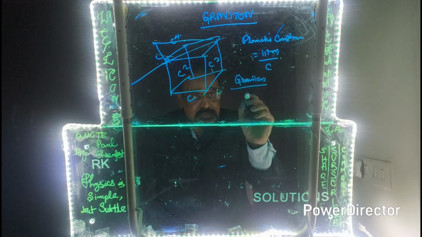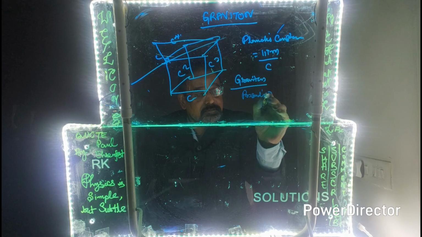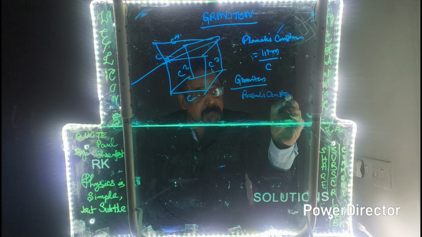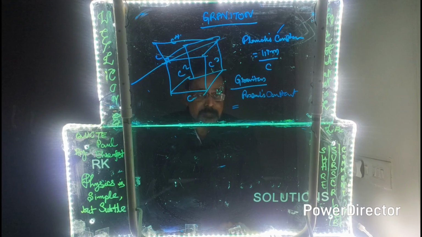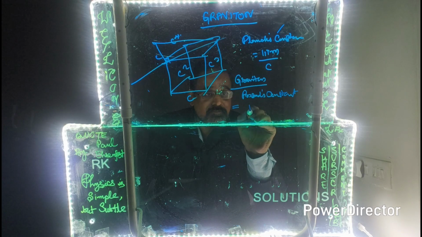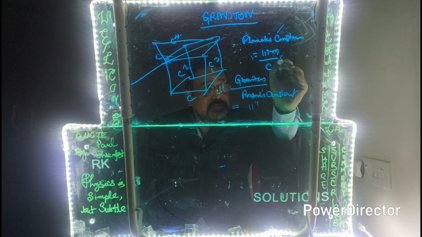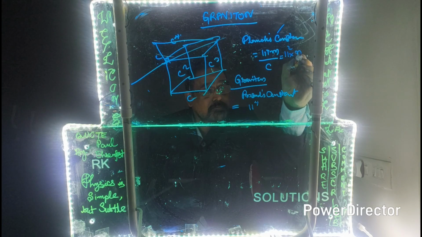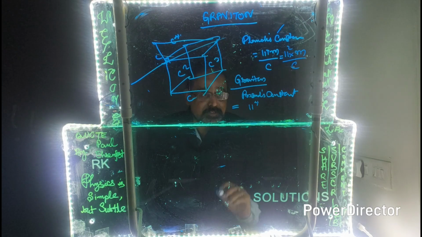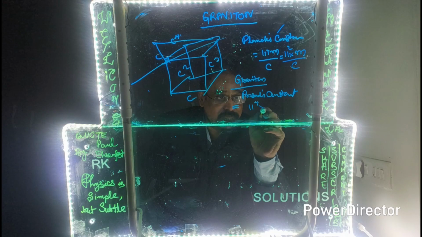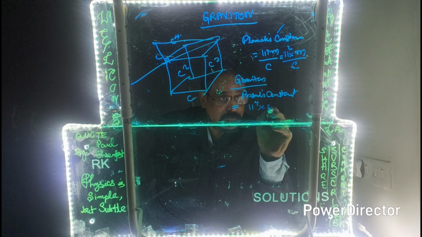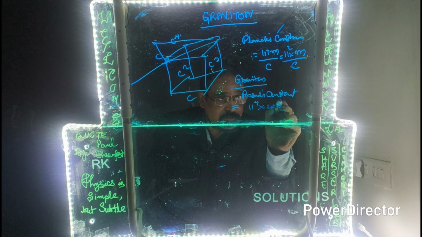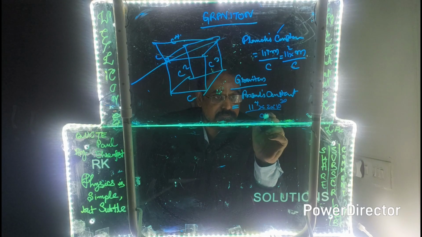This was Planck's constant. This I called Asser's constant, let's say, is equal to 11 raised to 4. This was basically split, 11 squared into mass of proton by unit light. This will be 11 raised to 4 into 2 into 10 raised to 35 C4.